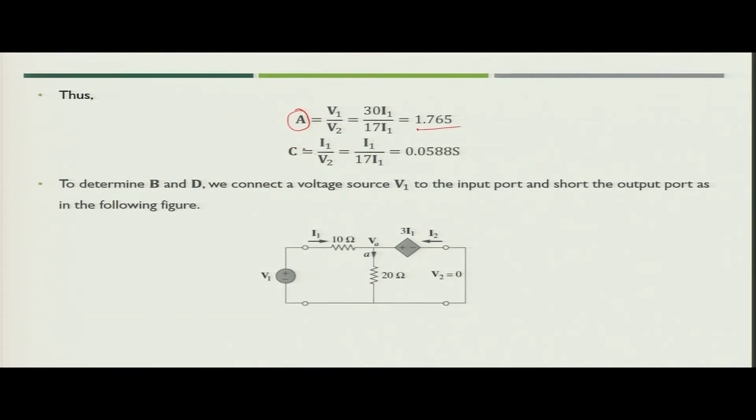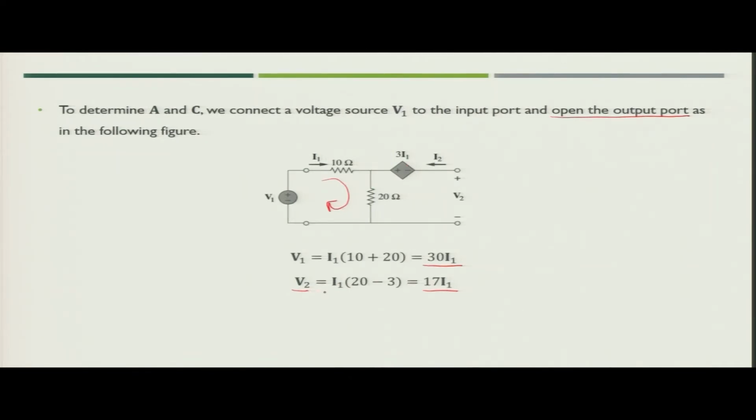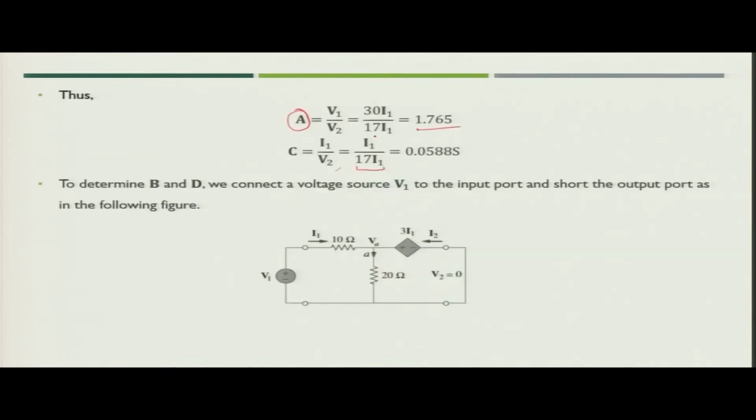Similarly, for C, we know the relationship, C is nothing but the ratio of I1 and V2. So, C is equal to I1 upon V2. I1 we keep like this and write the value of V2 in terms of I1, which we just calculated, V2 equal to 17 I1. We put the value and we get the value of C as 0.0588 Siemens, because this is admittance. So, you can set the unit as Siemens in this particular case.